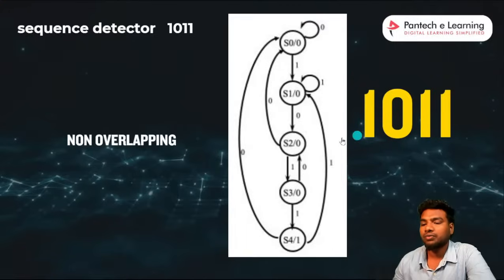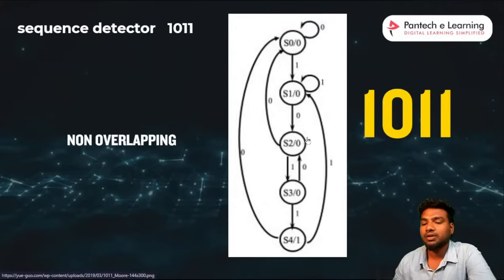If the S2 state input is 1, it will move to the next state, and if it is 0, it will go back. Why? Because if it has 0, the sequence is like 1 0 0, which is not our sequence detection. We need only 1 0 1 1.